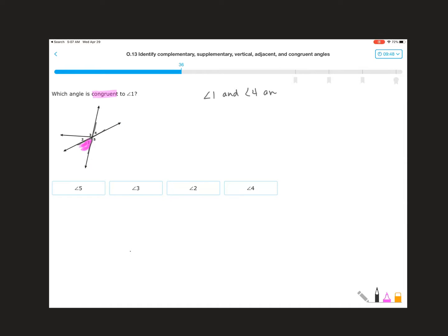They add up to 180. How about angle 4? And look at, there's your X. Opposite. So angle 1 and angle 4 are congruent angles because they are vertical angles. Boom. Come on, push it already. Let's go. And 3 and 5, right, would be congruent.